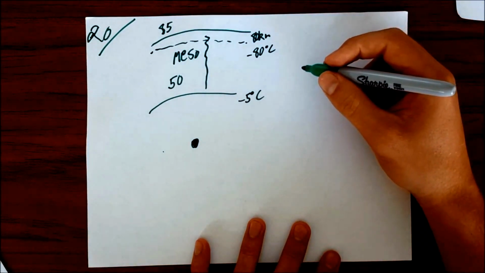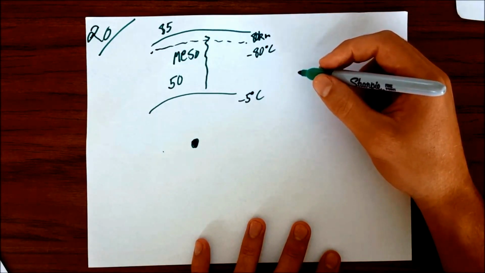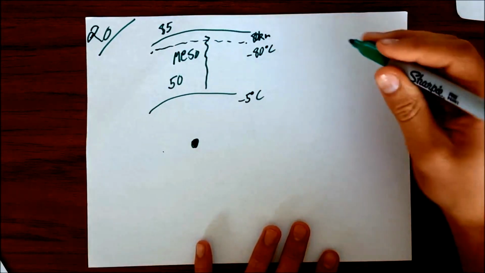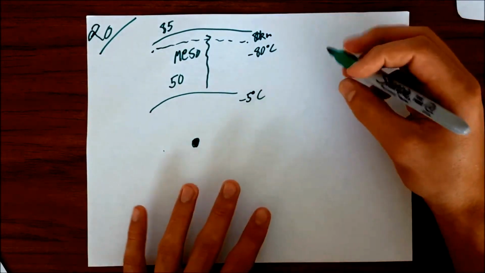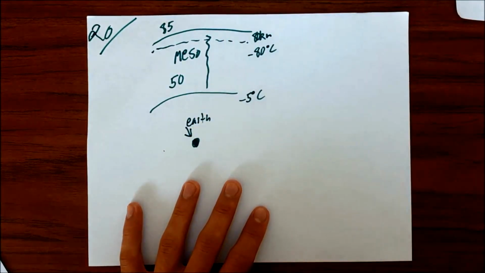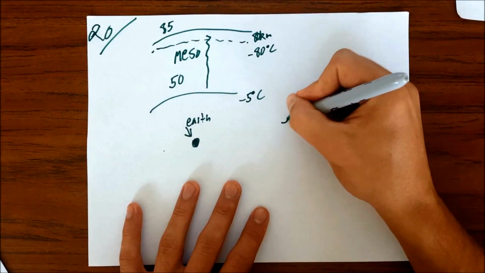And it says for every additional 10 kilometers from the Earth's surface, the temperature in the mesosphere decreases by k degrees Celsius, where k is a constant. All right, so basically, what you have is at 50.